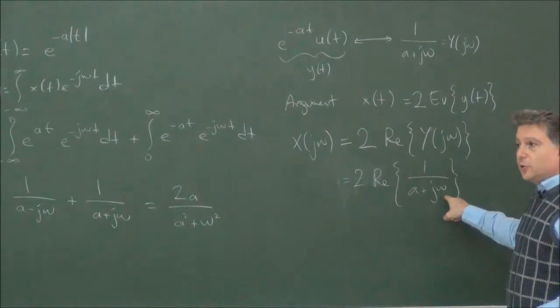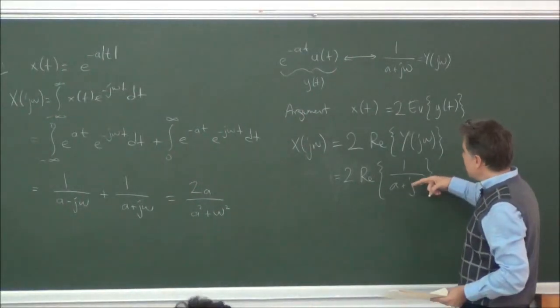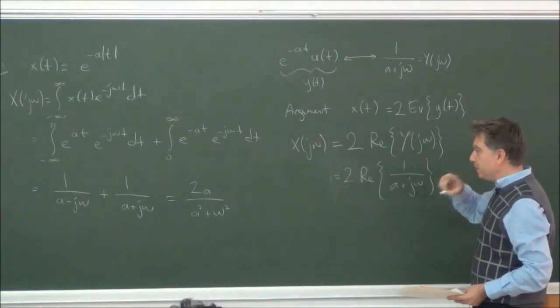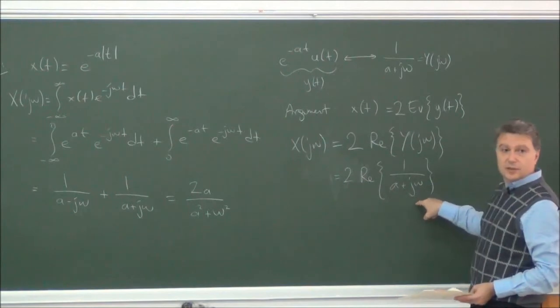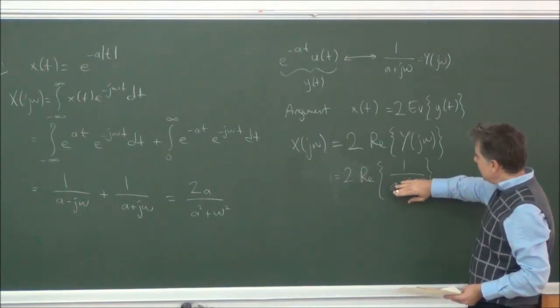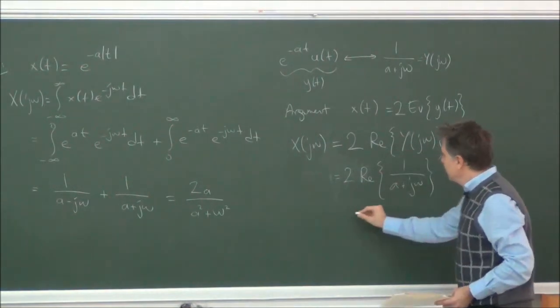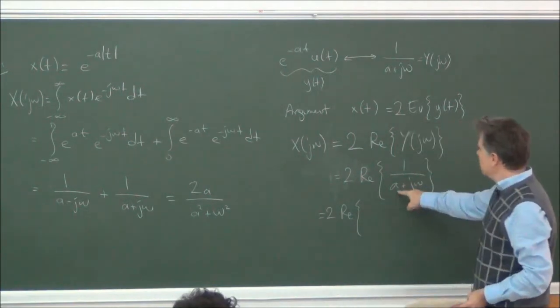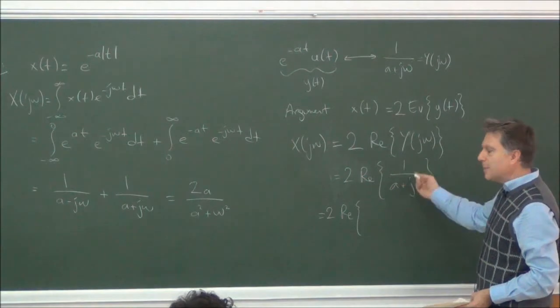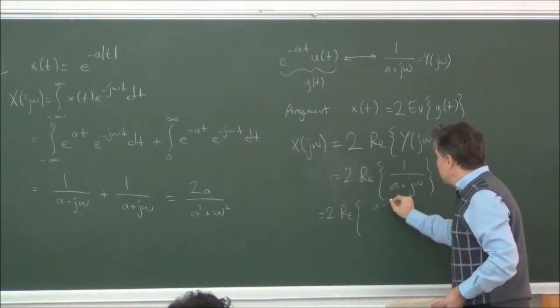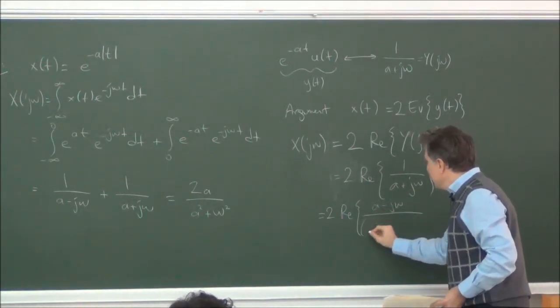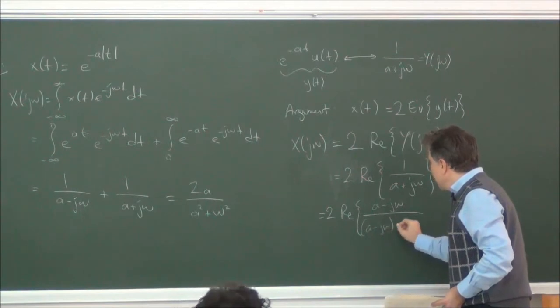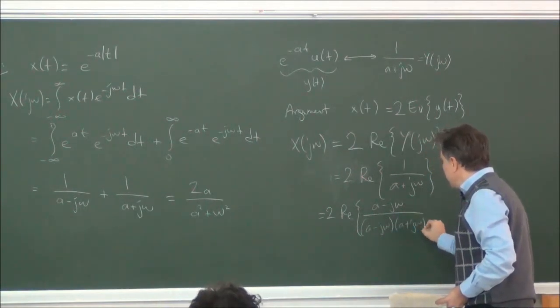Since this is in the denominator, we must multiply by the conjugate of the denominator at both sides. It's twice the real part of, what's the conjugate of a plus j omega? It's a minus j omega.